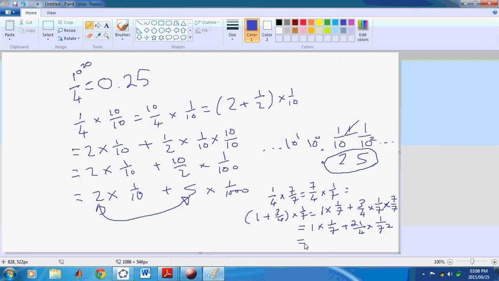Okay, and that would give us 1 times 1 over 7 plus 5 plus 1/4 times 1 over 7 squared. So it seems that you could continue this pattern in base 7 by saying that a quarter is equal to 0.1515 recurring in base 7.